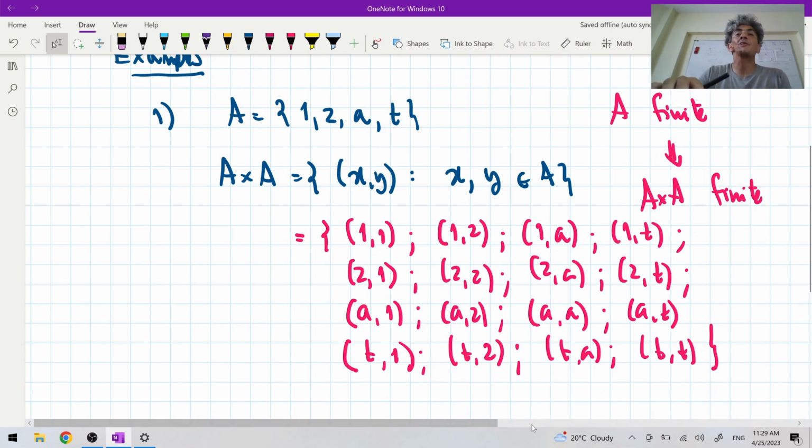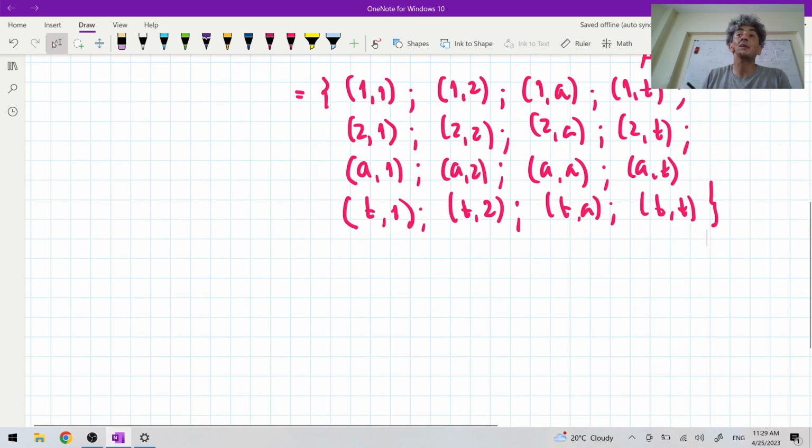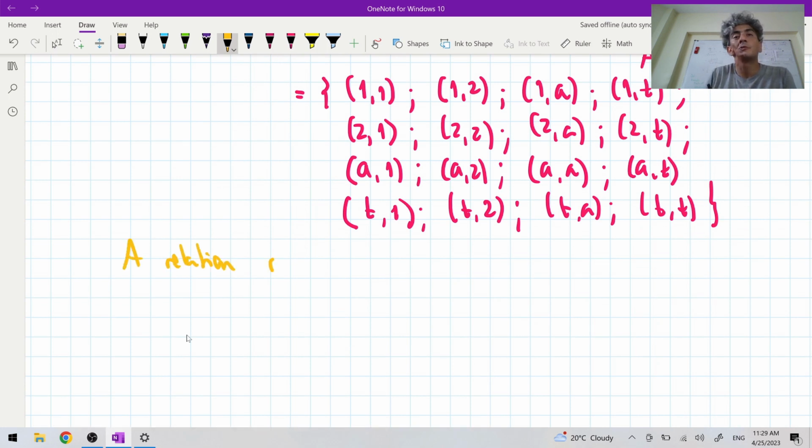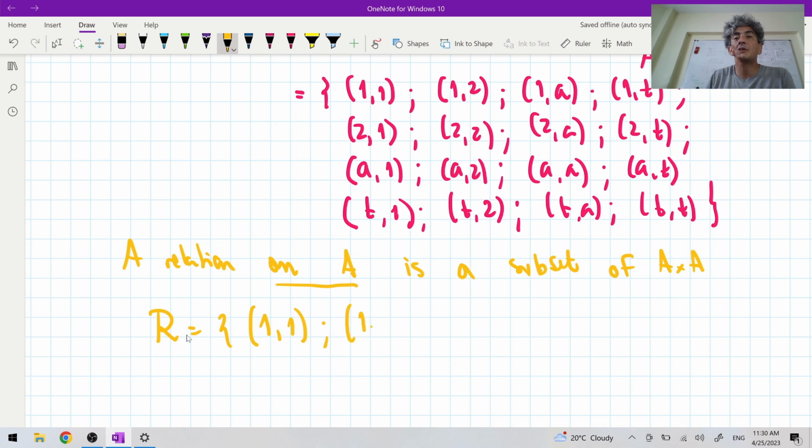So what is a relation on A? It's a subset of A times A. A relation on A is a subset of A times A. For instance, we could say that we have this pair, we have this one, and also maybe (A,2), and then (T,T).